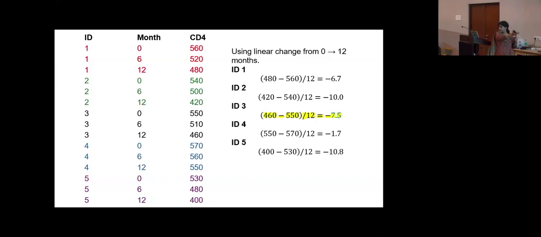Especially here for CD4 count, if you don't do it this way, you are actually giving a lower hazard rate in comparison to what is really happening. Okay, you're underestimating your hazard rates. Are you following? It's a very simple thing, right? So if you don't do the right trajectory, let's say for example, if your hazard rate was supposed to be 2, you would have said it is 2.4, something like that, if you don't do the joint model. Okay.